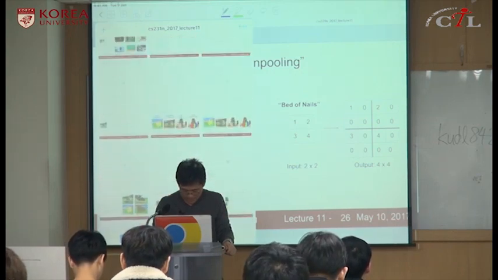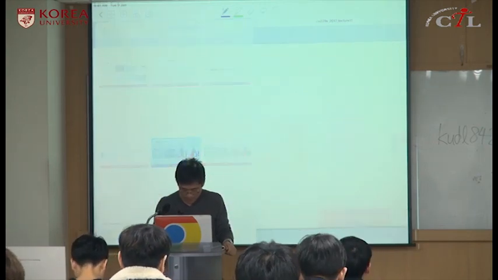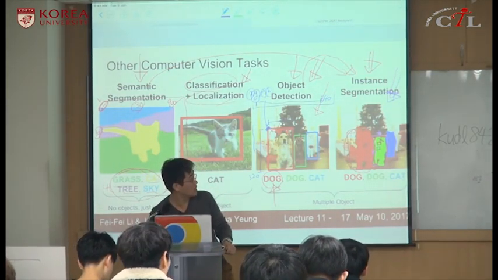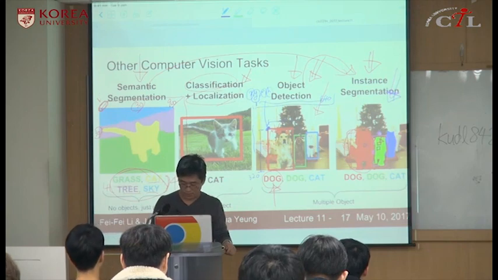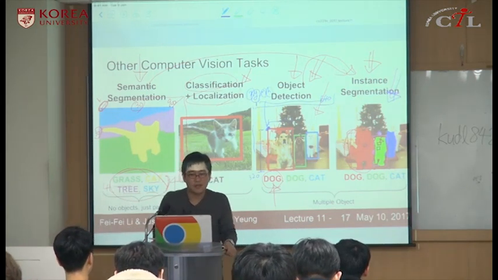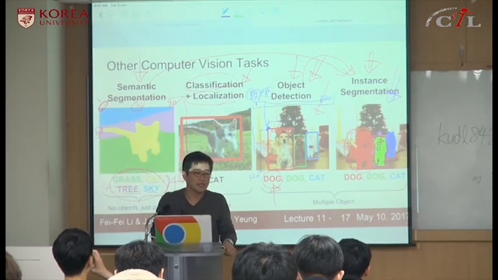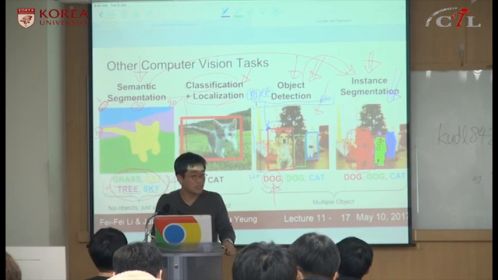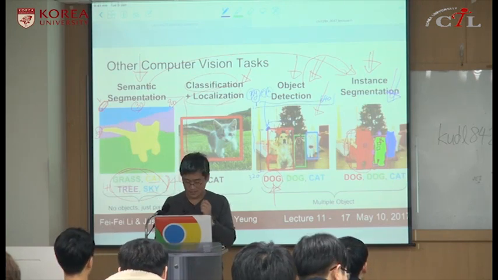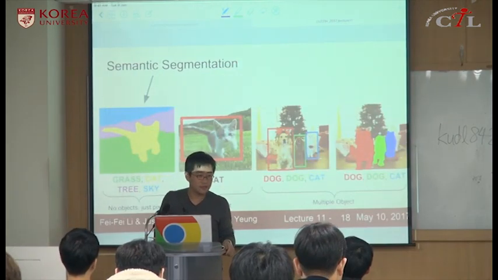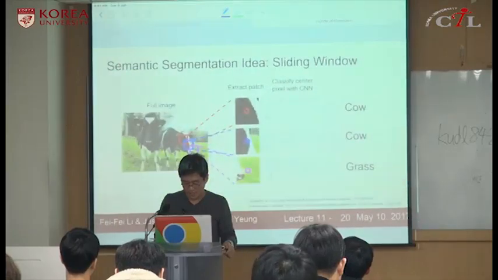The main story of this lecture is that those tasks, object detection and especially instance segmentation, need the classification label or some prediction output corresponding to each pixel, which means that we need the same number of outputs as the total number of pixels that we have.